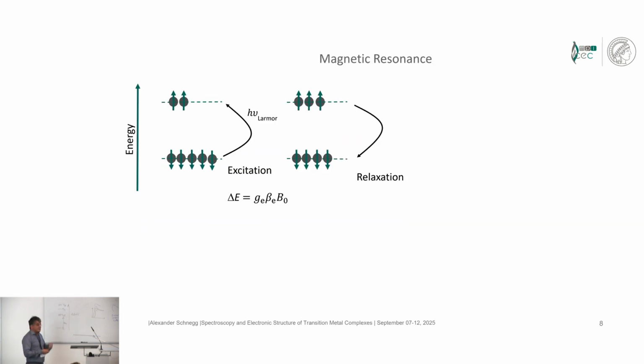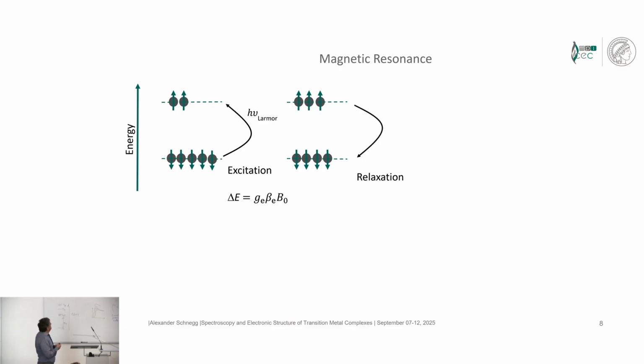Now, magnetic resonance. Up to now we just applied a magnetic field to our sample and oriented our spins within this external magnetic field. We now apply a microwave field with an energy which exactly matches the energy difference between spin up and spin down orientation.